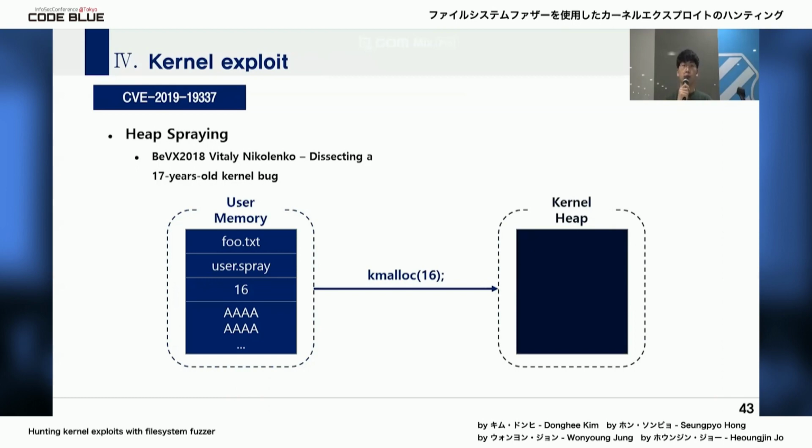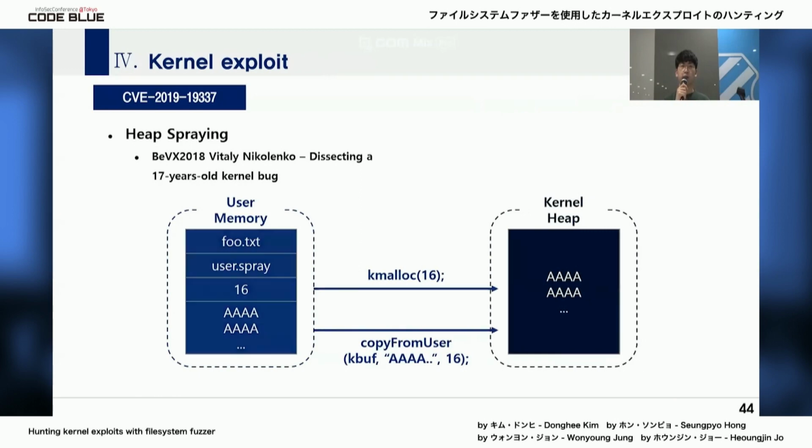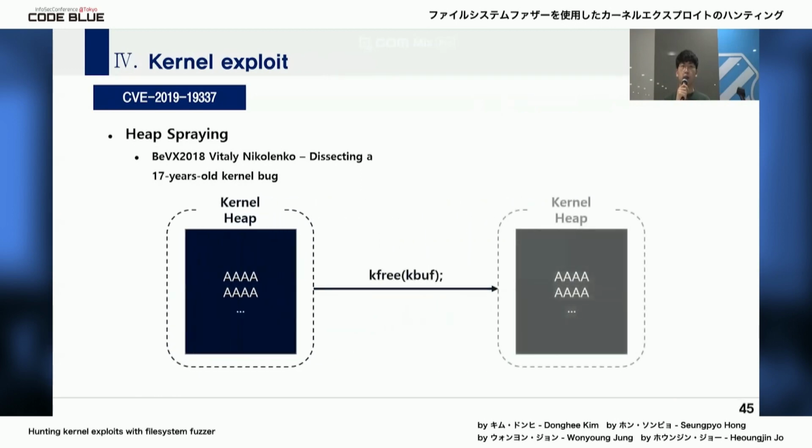When calling the syscall, the kernel memory is allocated through the kmalloc function, and the argument input value is copied to the kernel memory through the copy_from_user function. However, after the syscall operation is finished, the memory is deallocated, so we needed a way to make sure that deallocation does not happen.